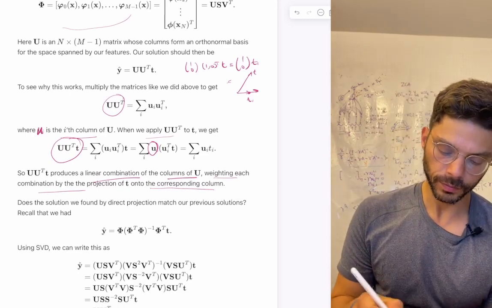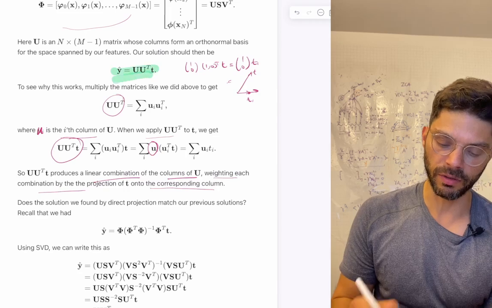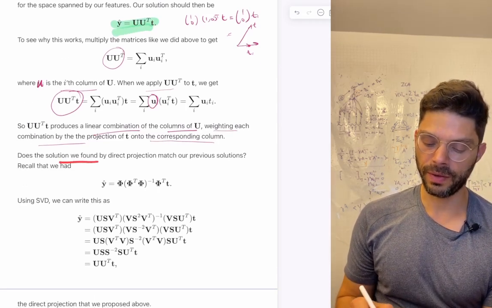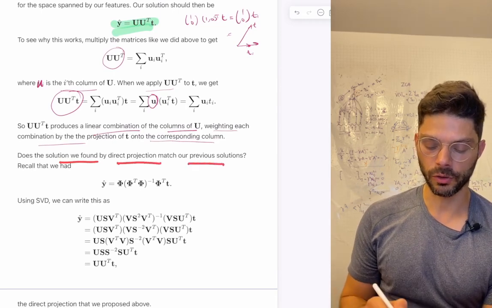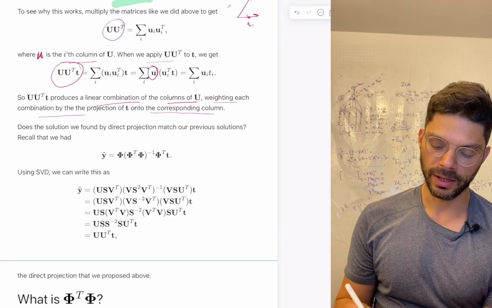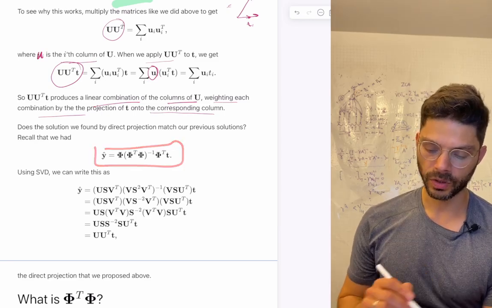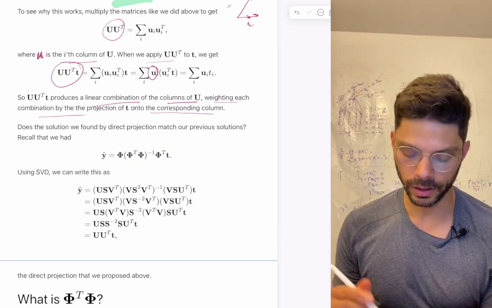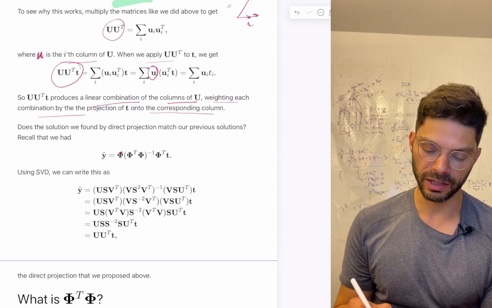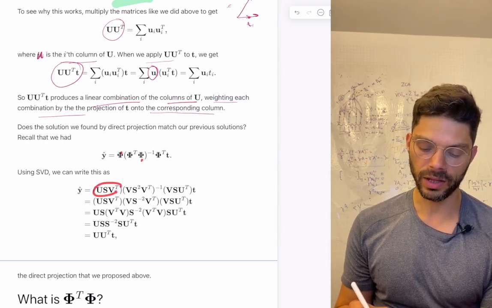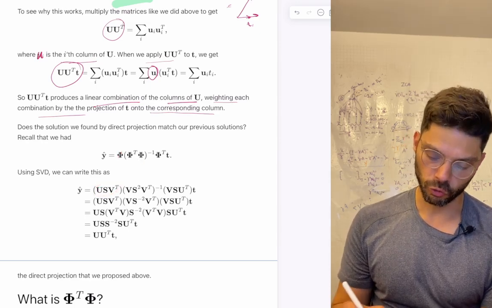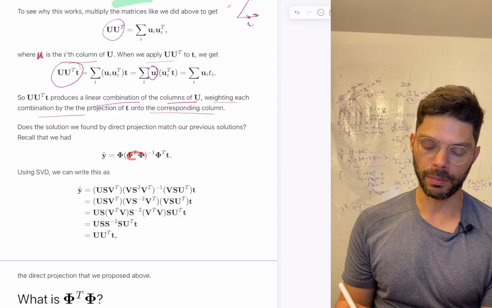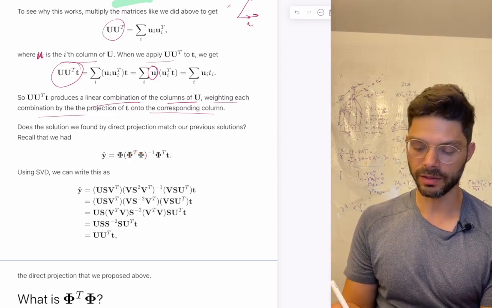So here was the solution that we found with this direct projection method. Does it match our previous solutions? Well, let's have a look. This was the old solution. Let's now use SVD to write out what that actually is. We apply SVD to each of these parts: there's U S V transpose there, the transpose of that on the other side, and when you multiply phi transpose phi, you get V S squared V transpose.